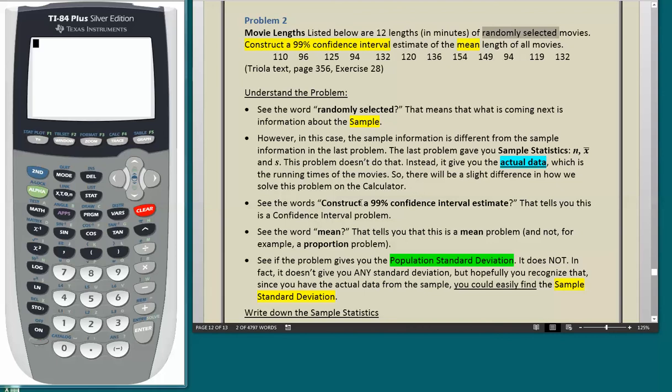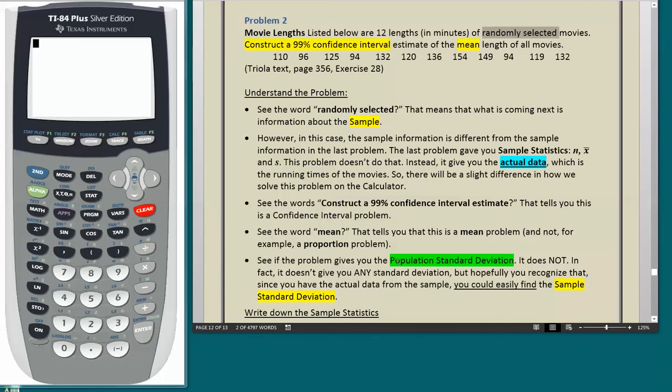See the words construct a 99% confidence interval estimate. There you go, I've highlighted them. That tells us that this is a confidence interval problem. Very important words. You see the word mean? There it is. I highlighted mean. That tells us that this is a mean problem and not, for example, a proportion problem. If it were a proportion problem, we would solve it slightly differently.